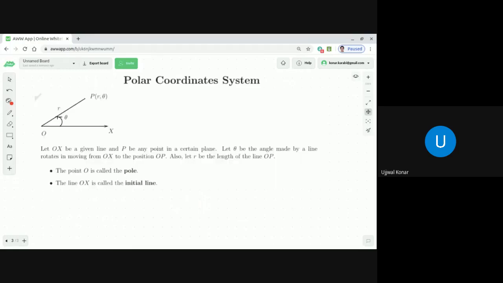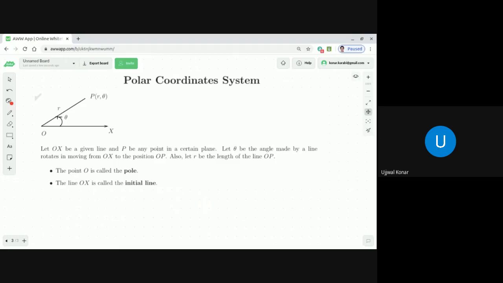So now, as you see in the adjoining diagram, let OX be a given line and P be any point in a certain plane. You can consider the plane of this digital board. Let theta be the angle made by the line as it rotates in moving from OX to the position OP.